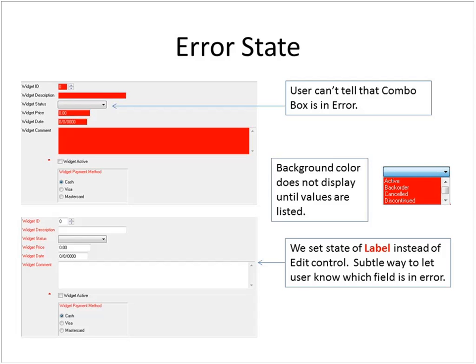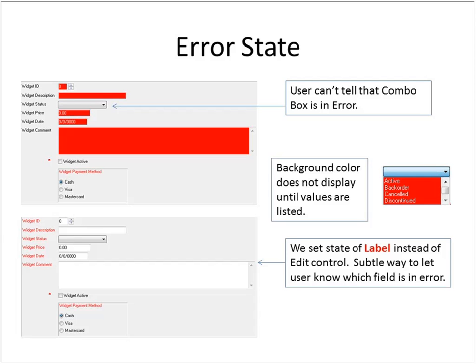In this case, it's red. You may use yellow. Who knows? But the point is if you use any color for the edit control, then you're going to immediately run into kind of an anomaly here where the drop-down combo boxes, they do not change color when the state is error. So what you're seeing here on the illustration on the top left is every one of those fields on that user interface is in state error. However, when you look at the drop-down combo box for the status, it looks and feels exactly like it did when it was in the default state.